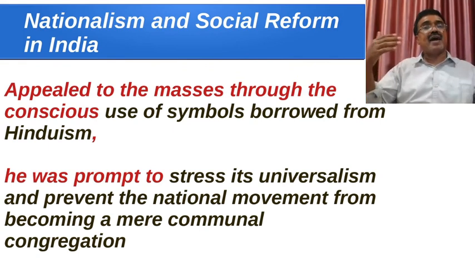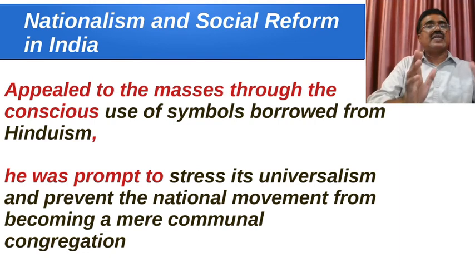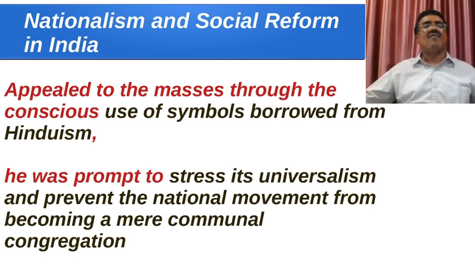He once said that I'm a Hindu, I'm a Muslim, I'm a Christian, like that. So his idea of Ramaraja, his idea of nationhood, was entirely different. Even though he was a devout Hindu, his type of religious practice was all encompassing. He was prompt to stress its universalism and prevent the national movement from becoming a mere communal congregation.